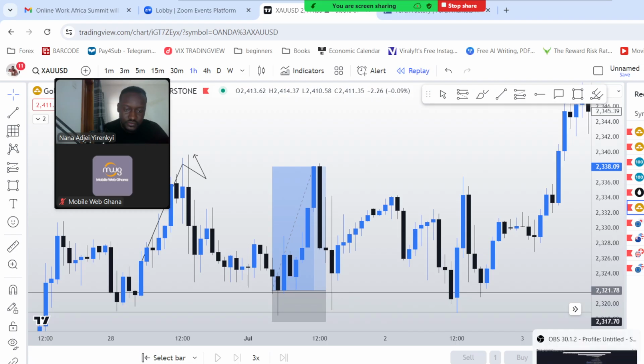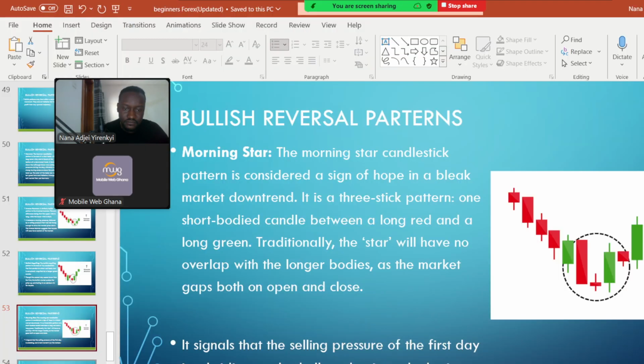So with the morning star pattern, we have a bearish candle and then a bullish candle, and in between these two candles we have a doji candle being formed. Whenever you see this formed on a support area, you can confirm that price is ready to push to the upside.